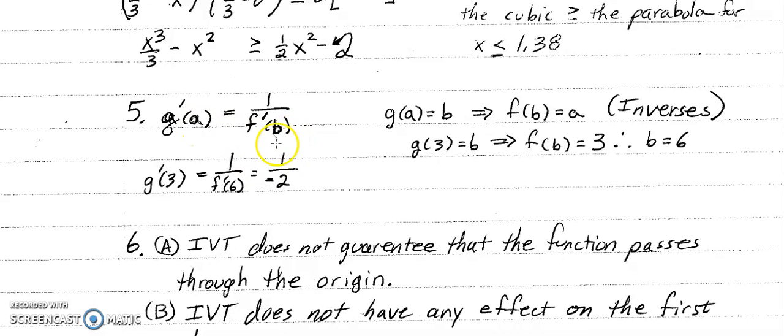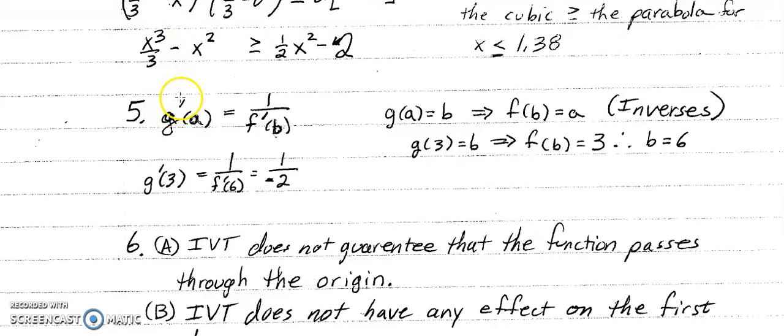Now, notice the a and the b are different. So this is a range value. So 3 is a range value. F of what gives you 3? Well, it turns out to be f of 6. So what is the reciprocal of f prime of 6?